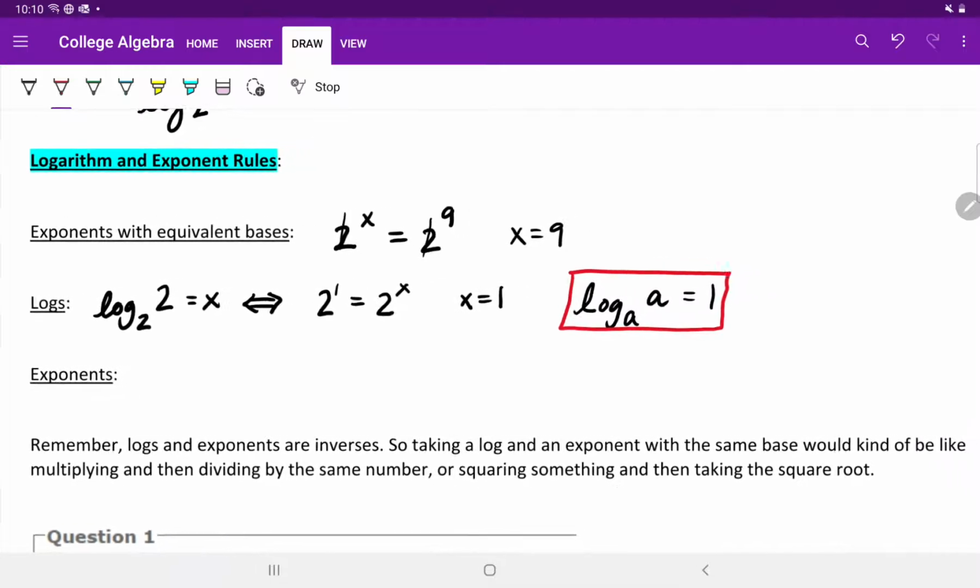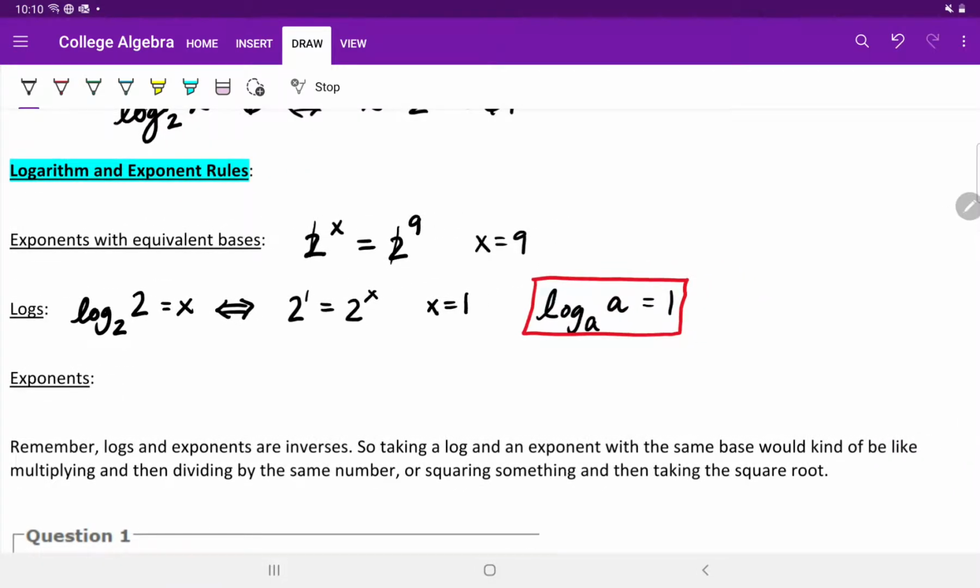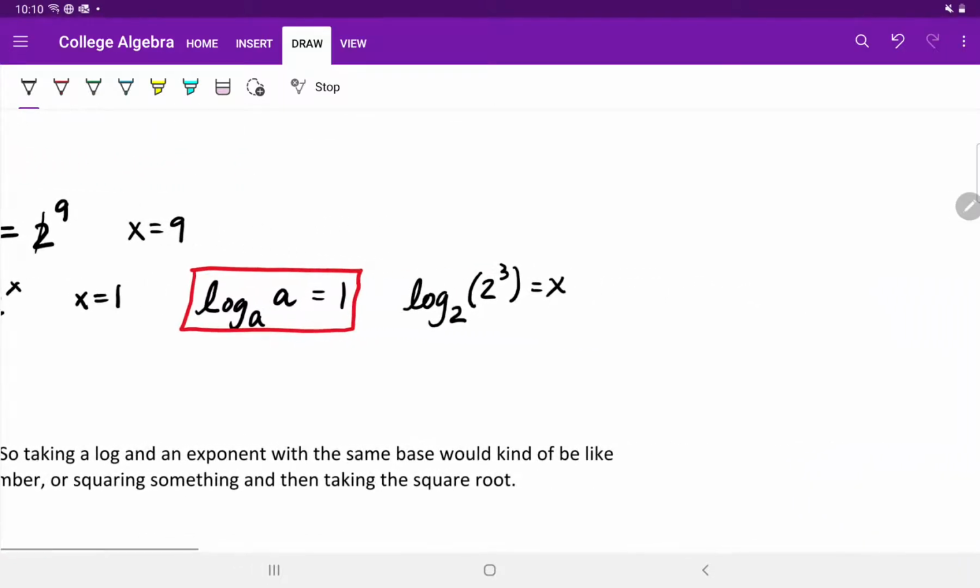The rule can get a little bit more complicated though. Let's say instead I had log base 2 of 2 cubed equals x. If I wanted to convert this into an exponential, my a value is 2 cubed, my b value is 2, and my c value is x.